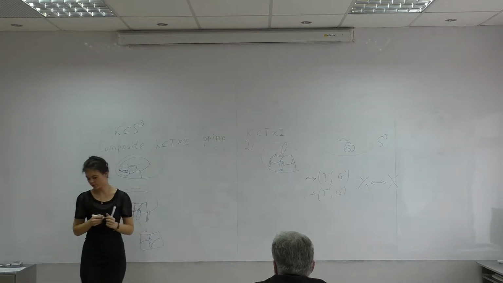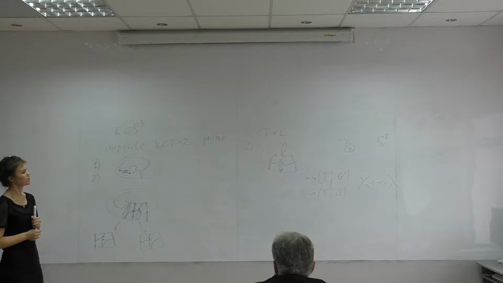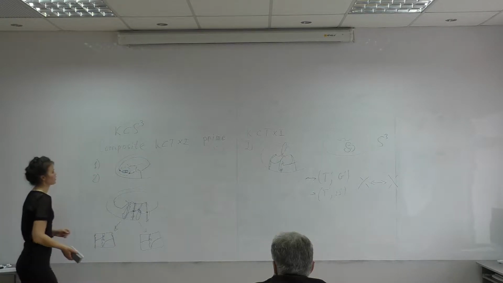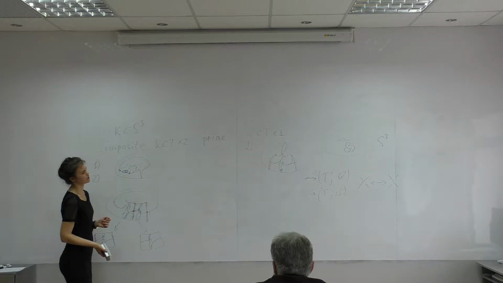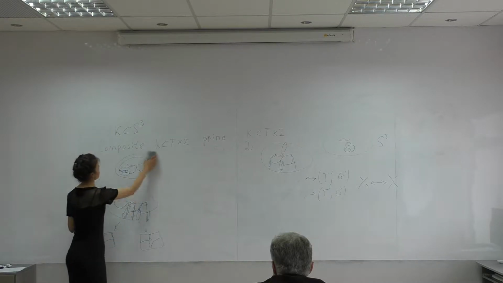So we want to get such a table which contains only prime knots. Because knots which are not prime are tabulated earlier or can be obtained from prime knots.